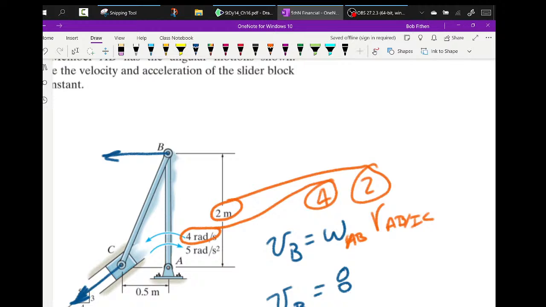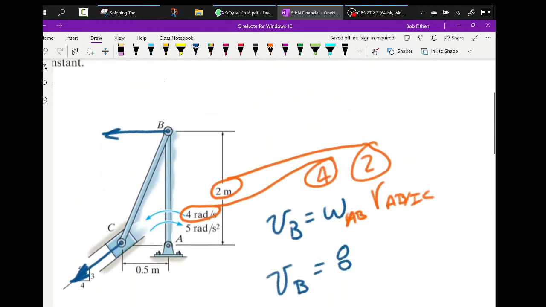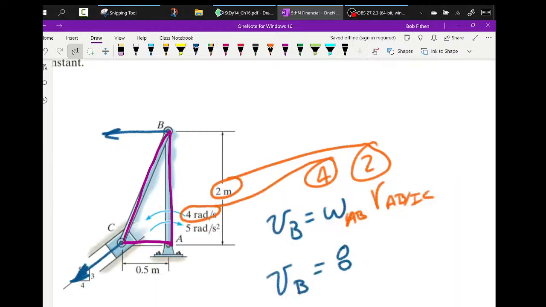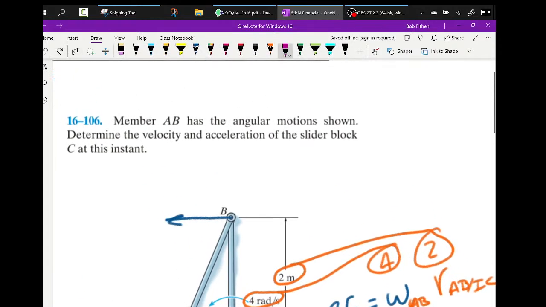So why don't I just go do that? So if I had a triangle that was that, and then, oh, I can't copy it. Can I not copy it? Well, here, I'll just do it up here then.